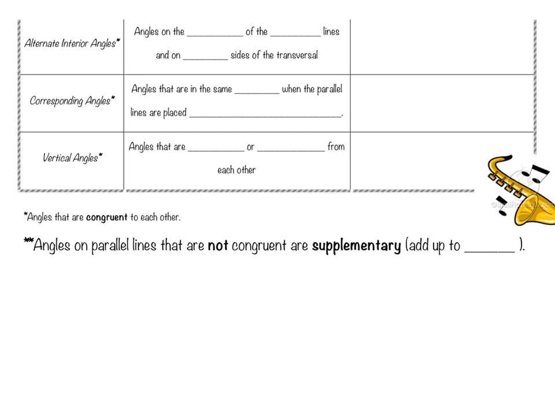Alternate interior angles are just like the exterior angles, but they are angles on the inside of the parallel lines and on the opposite sides of the transversal.